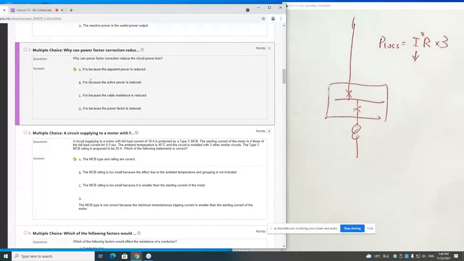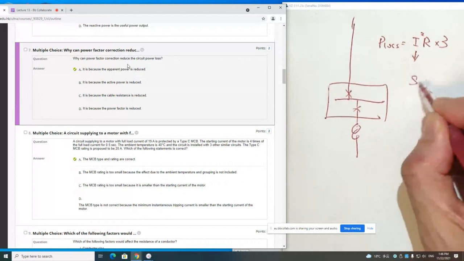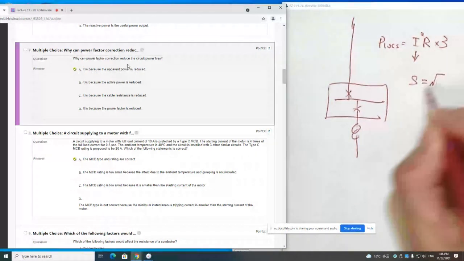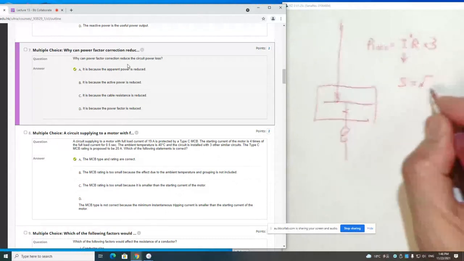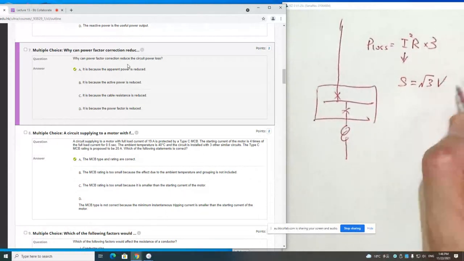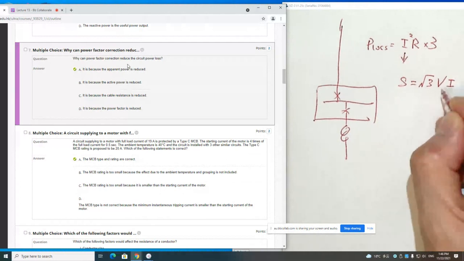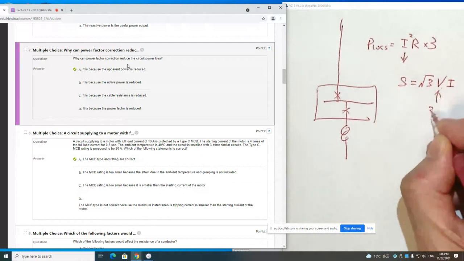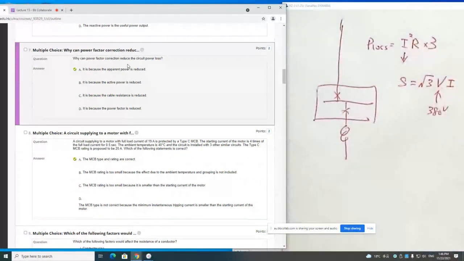Okay, so in this case, option A, it is because the apparent power is reduced. So we know the apparent power S, if it's a three-phase circuit, is equal to root 3 times voltage and I. And normally this voltage, okay, is 380 volt, because it is almost constant, okay.